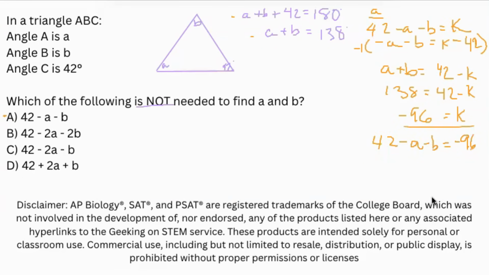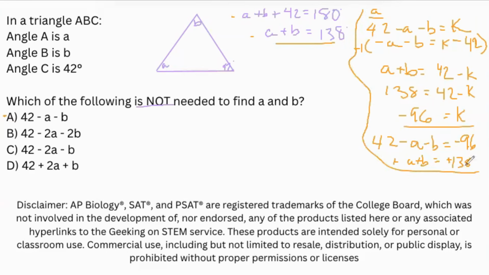Knowing that I can plug that into Desmos, I can say negative A minus B is the same thing as negative 96 minus 42, which is negative 138. Because these are all negatives, I could just make them all positive, assuming that I multiplied everything by negative 1. And now we get back to our original equation, A plus B equals 138. So A works in this scenario.